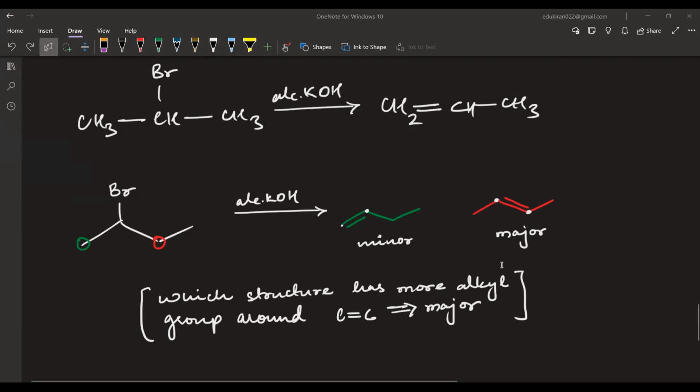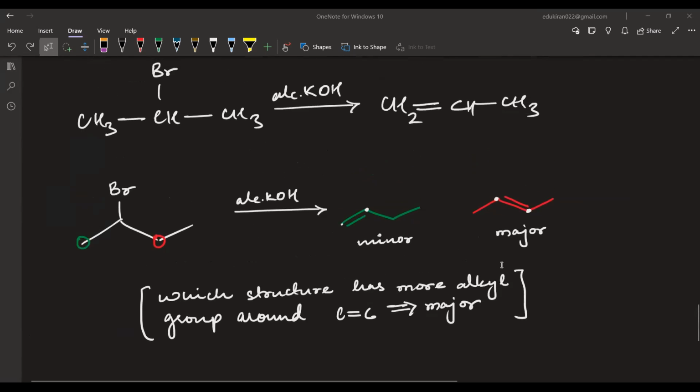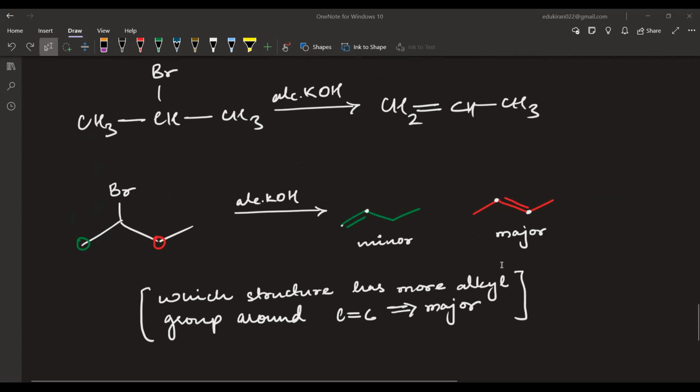Write this down. So you can see that I can start with alcohols, then I can move to alkyl halide.